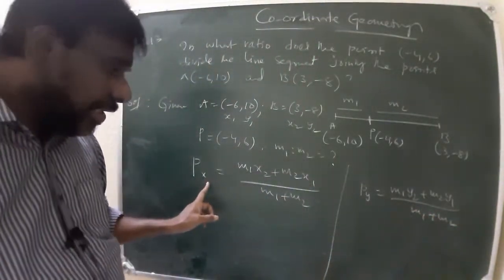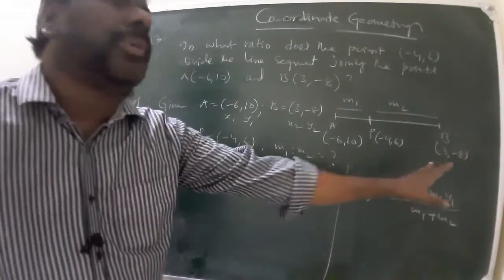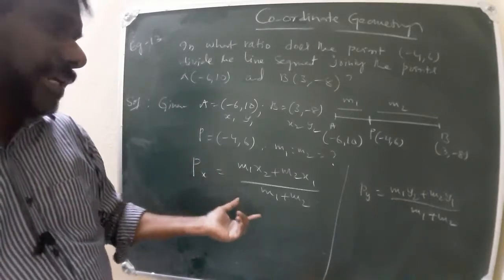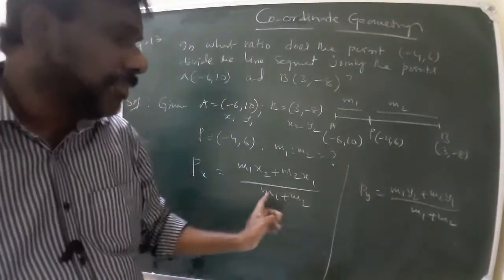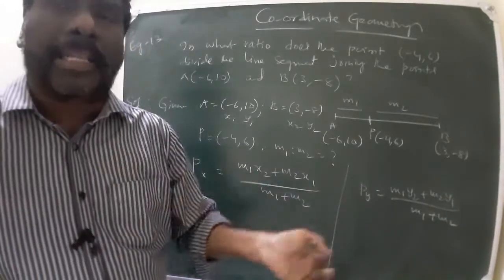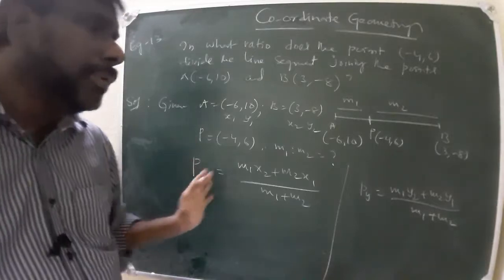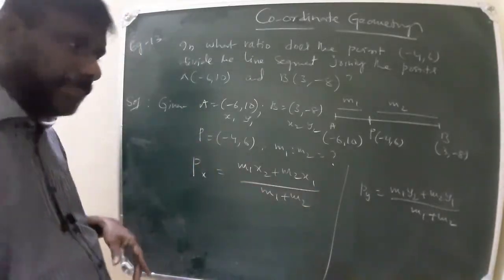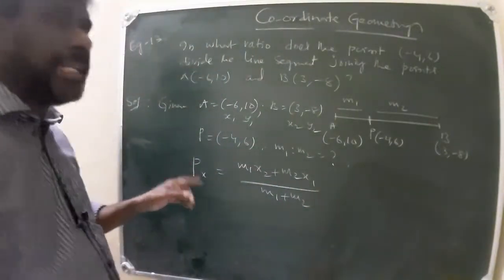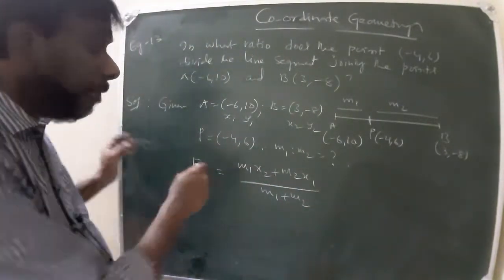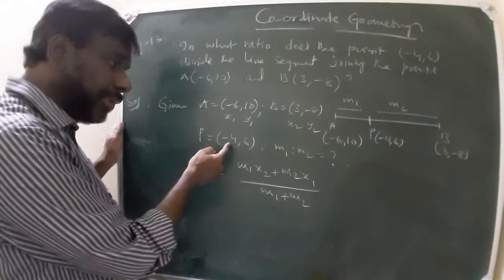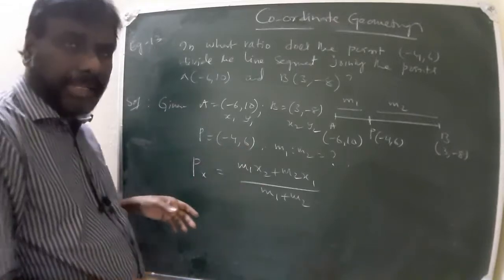You can take this formula or that formula; no need to take the whole formula. If you take either one, automatically you will get the ratio, and in both ways you get the same ratio. That's why there is no need to do both coordinates. You can take any one of them. Here both coordinates of the internally dividing point are given, so you can take the px coordinate or the py coordinate. Anything you can take, no problem.